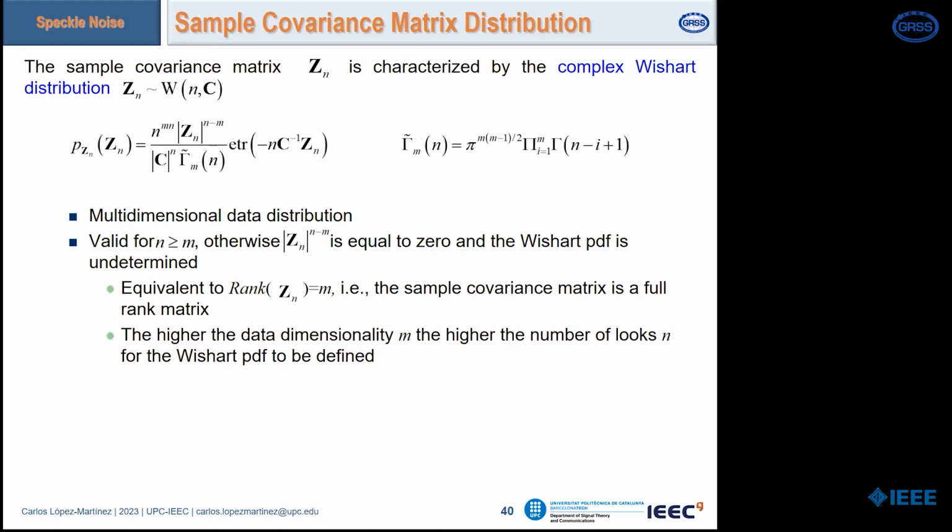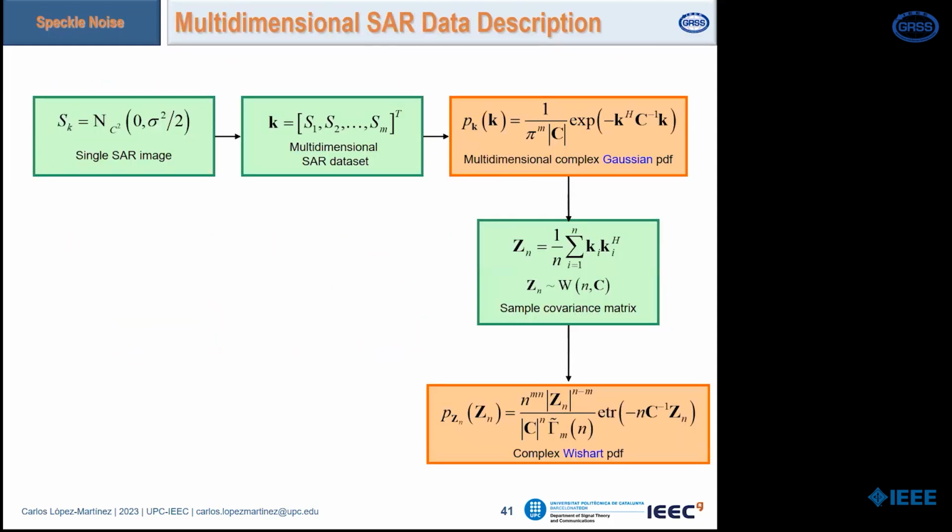Let me go to the next slide. Okay, so I have a single SAR image distributed according to a complex Gaussian distribution. I have my vector, so therefore this vector is characterized by this complex Gaussian distribution, which is characterized by the covariance matrix. Okay, until this point it's okay. The problem is that I need to estimate this matrix. I estimate this matrix through a limited filtering because it's limited by the number of samples.